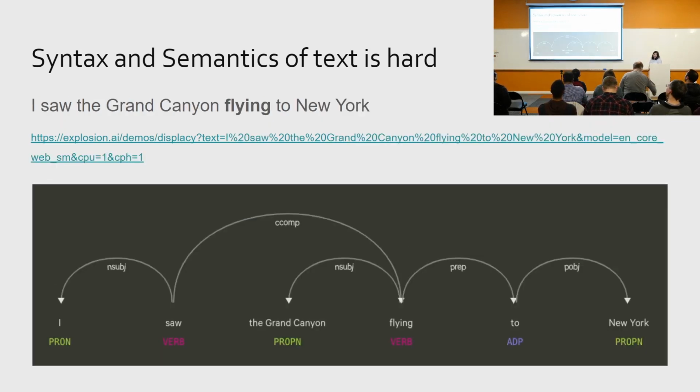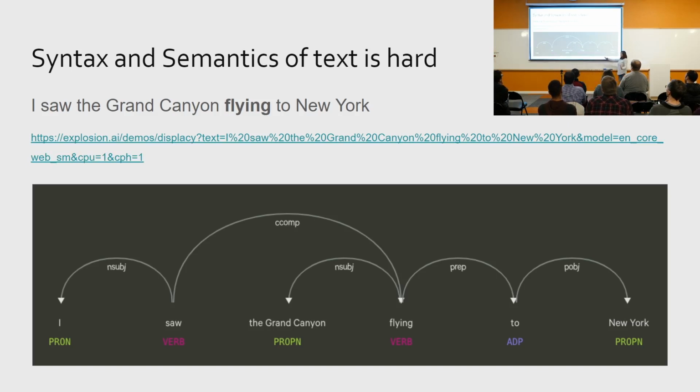I saw the Grand Canyon flying to New York. This is interesting because who's doing the flying here? Is it you who's doing the flying, or is it the Grand Canyon? Now this parser thinks the subject of the flying is the Grand Canyon.